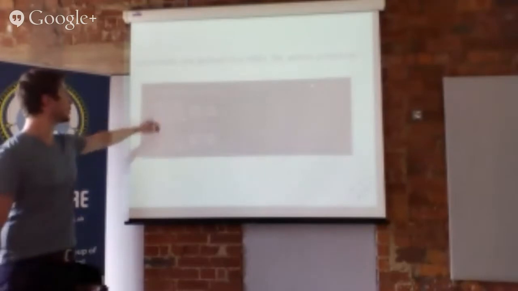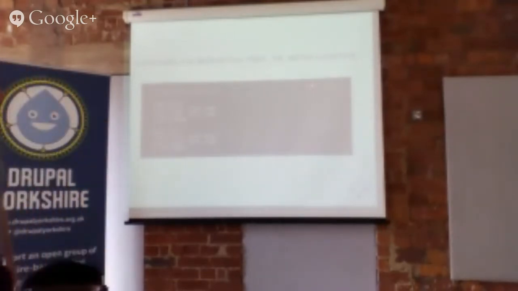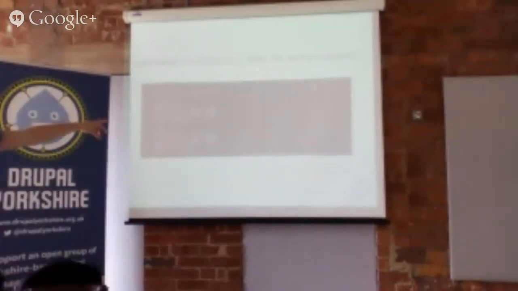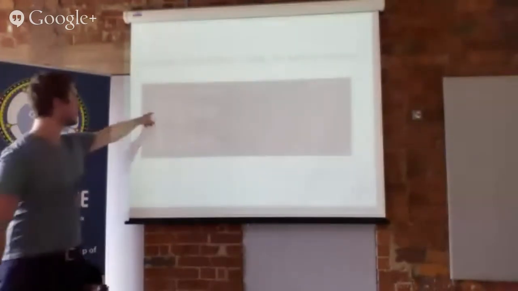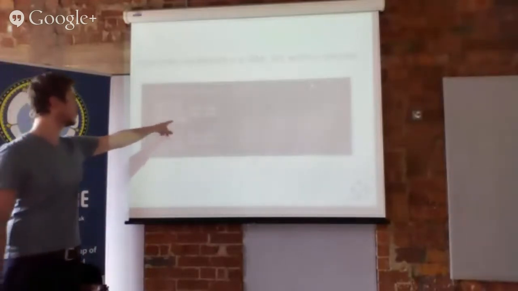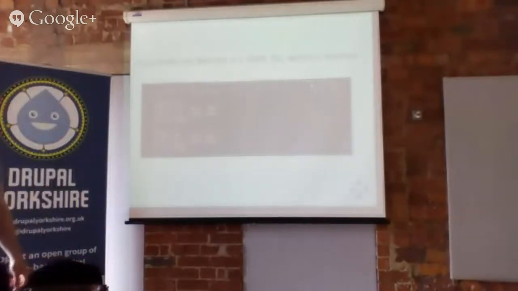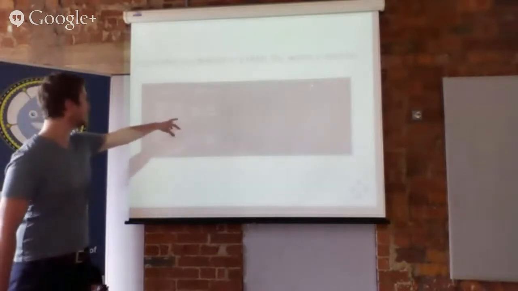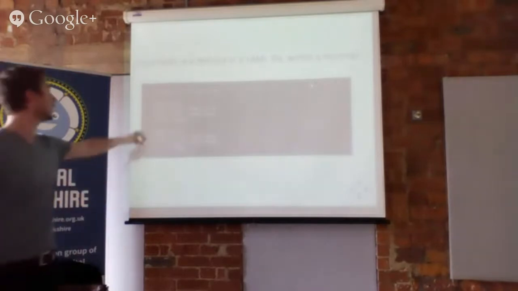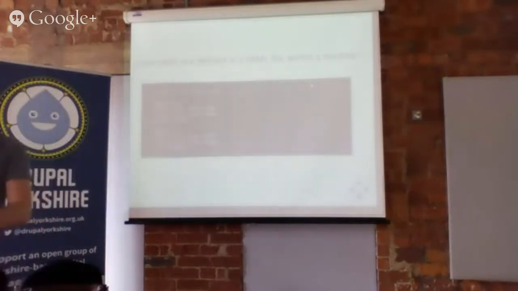So user.view is the name. These should actually be indented. We're saying on the route that's called user.view, show a tab with the title view, and the base route. The route name is what that tab will link to, and the base route is where it's going to appear.